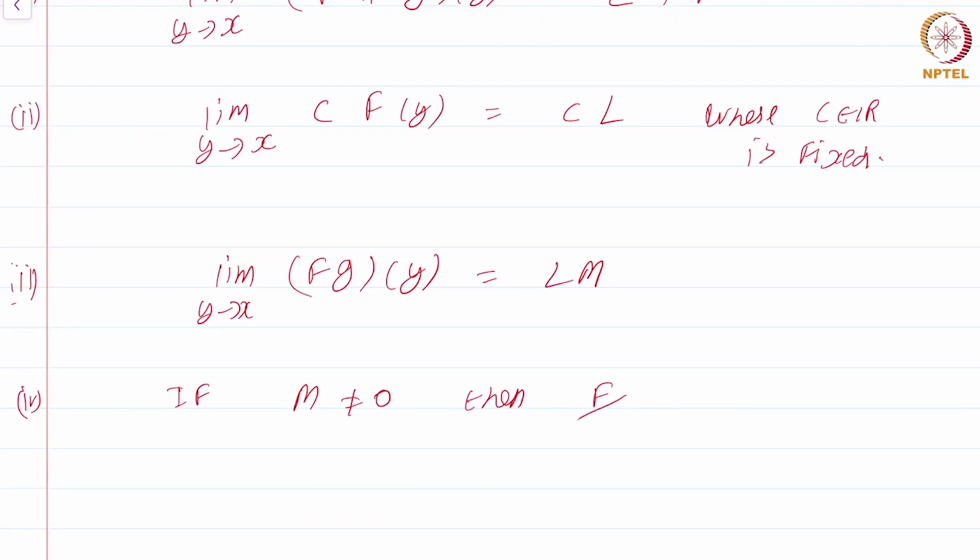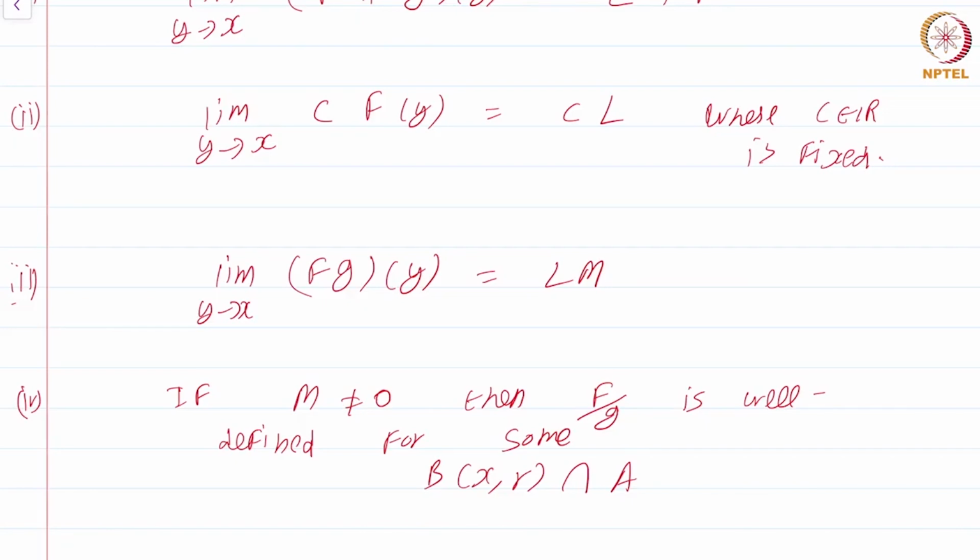f divided by g is well defined for some ball B(x, r) intersect A. If M is not 0, that is the limit as y goes to x of g of y is not 0, then f divided by g is actually well defined for some r greater than 0. Okay, so let me just write this precisely.